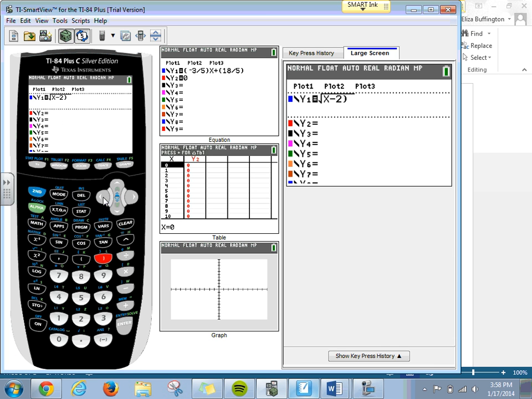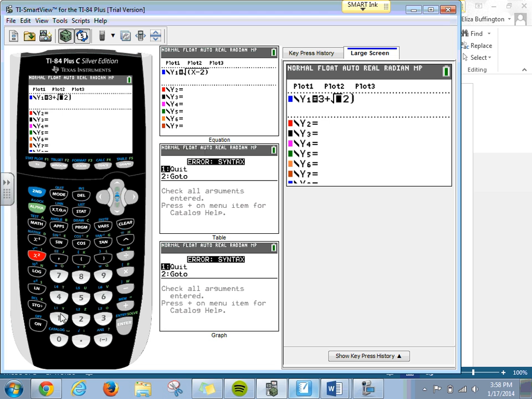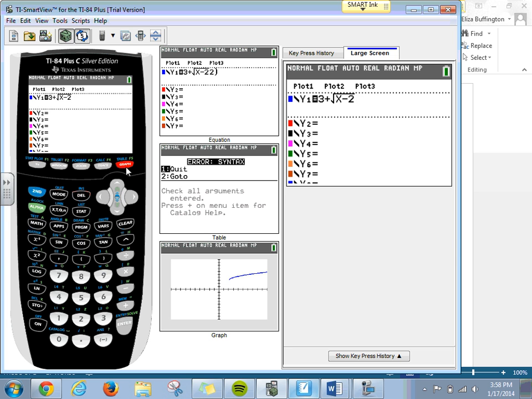And I'm going to go in front and just put a plus 3. Oops. So it doesn't go under that radical. X minus 2. There we go. So I've got my function put in there.